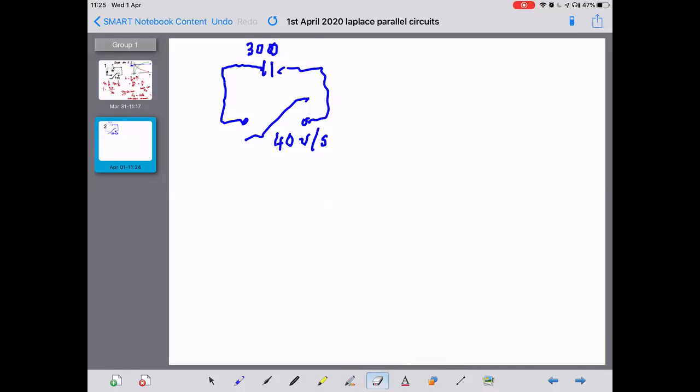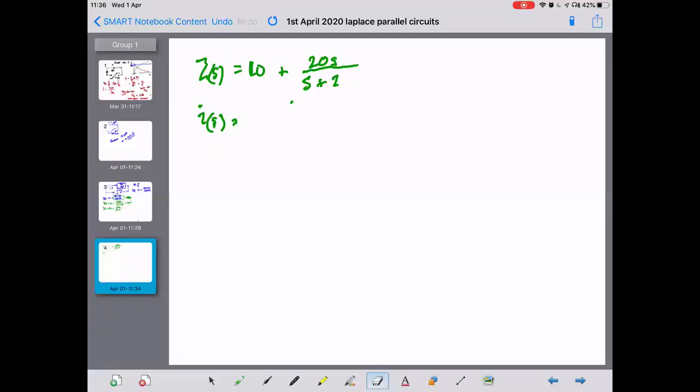Does that look like microfarads now, Peter? 0.0003. Yes. So I is equal to. Right, so we got that, this expression bit's for up there as well.